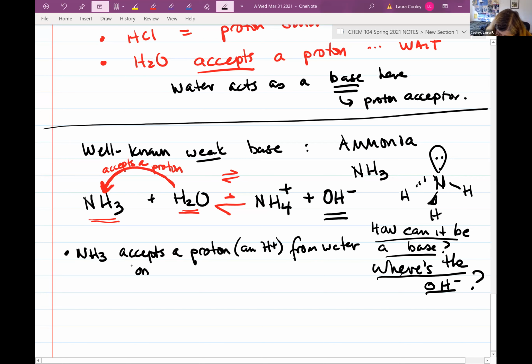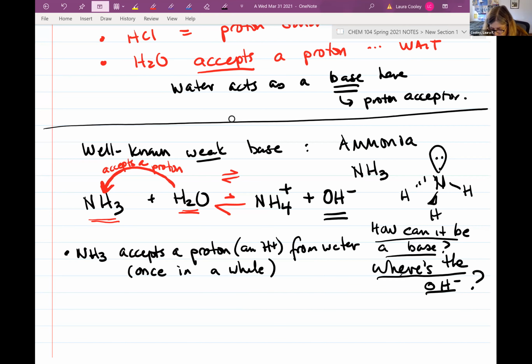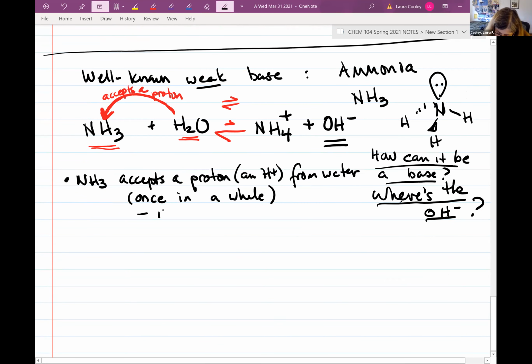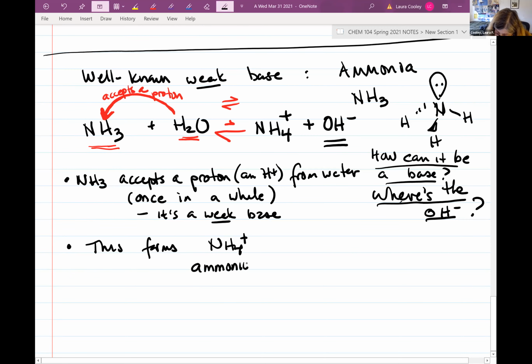And it does, by the way, once in a while, because this is an equilibrium, and it does this only a little bit because it's a weak base. So NH3 accepts a proton from water. This forms NH4 plus, which we call ammonium, or the ammonium ion.